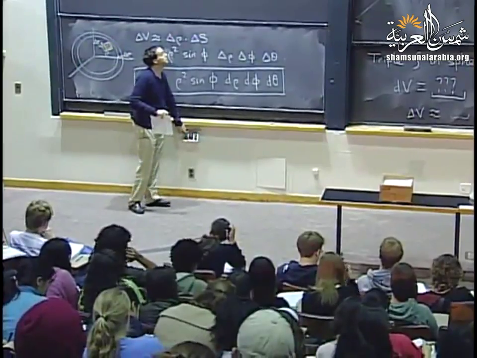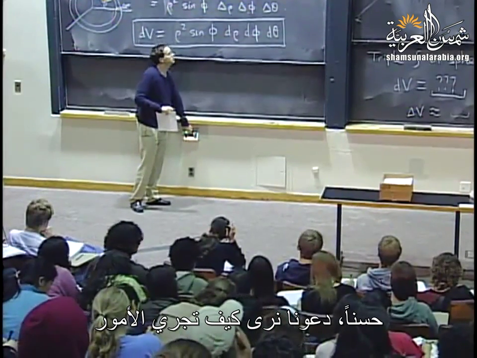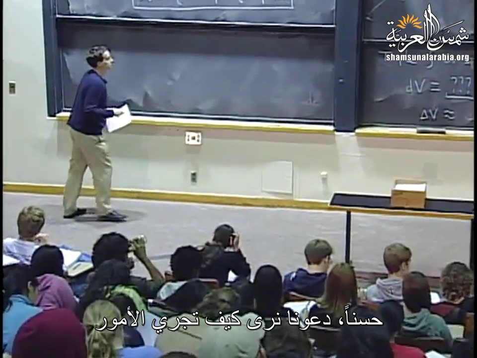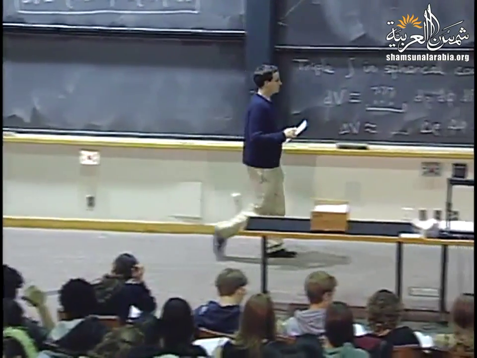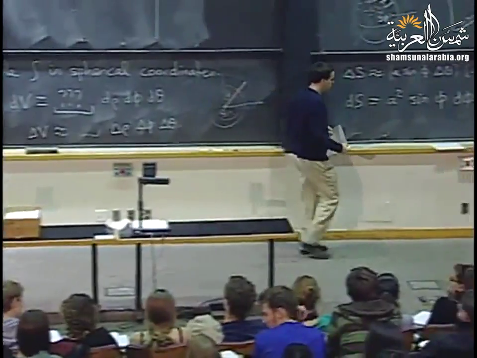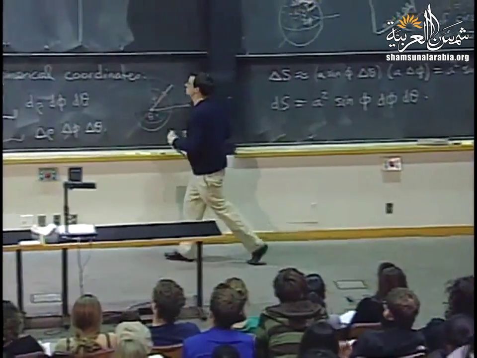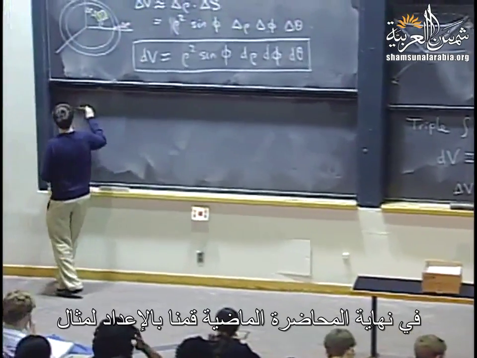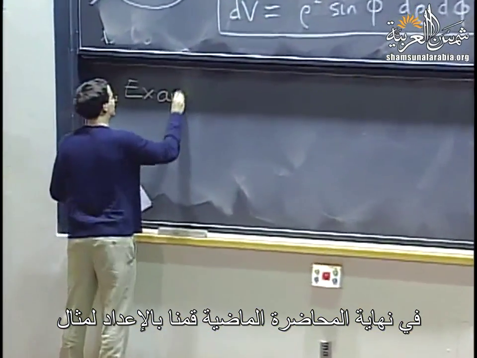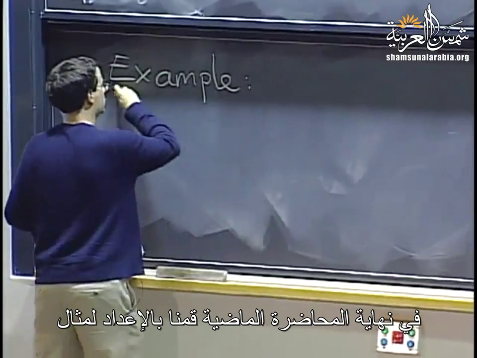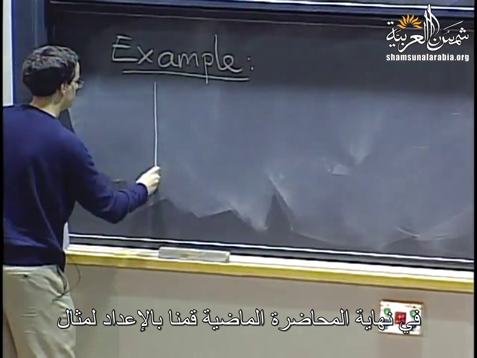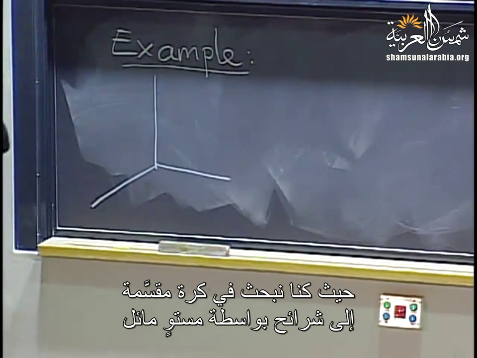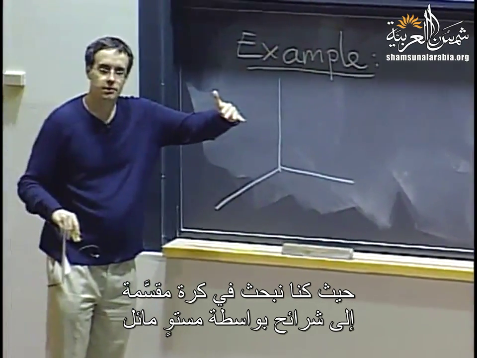So let's see how that works. As an example, remember at the end of the last lecture, I tried to set up an example where we were looking at a sphere sliced by a slanted plane.